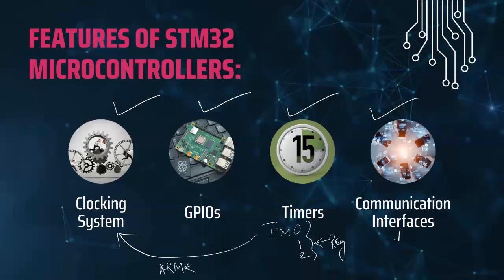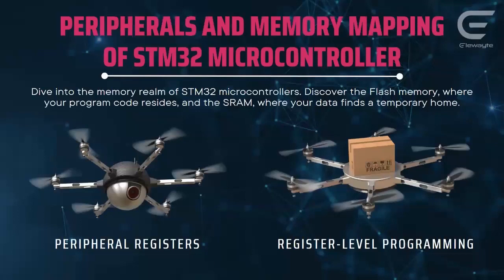Similarly, for communication interfaces we have different registers, and for GPIOs also we have different registers. Later on, someday, we can work on the data sheet and the reference manual and see. So this is what I was telling, the peripheral registers.